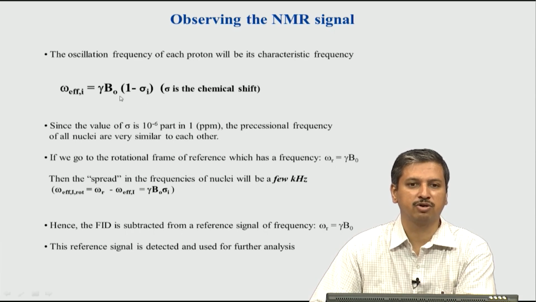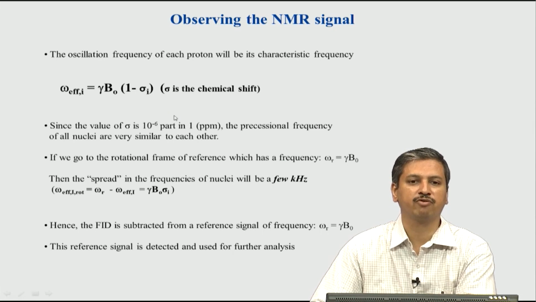This is called the rotating frame of reference, where you keep your frequency aligned with one particular frequency, one peak let us say, and that peak becomes 0 frequency because it is static. But with respect to that frequency, all the other frequencies are no longer 0; they are either positive or negative. This is the concept of chemical shift, offset, and different terminologies which we will use later.